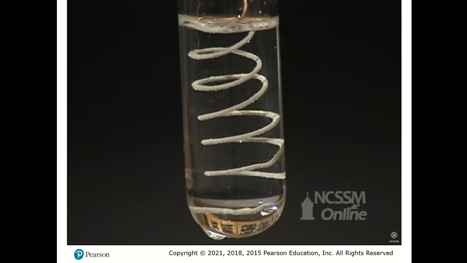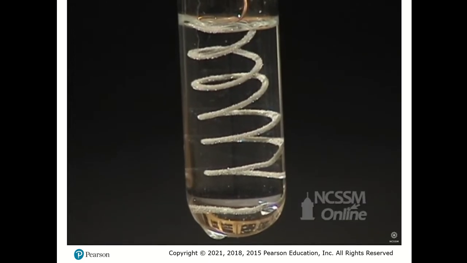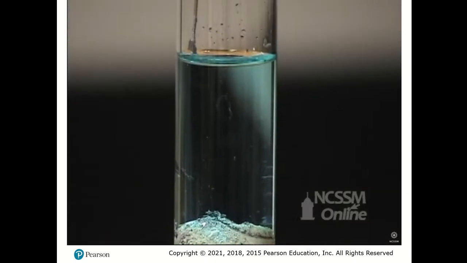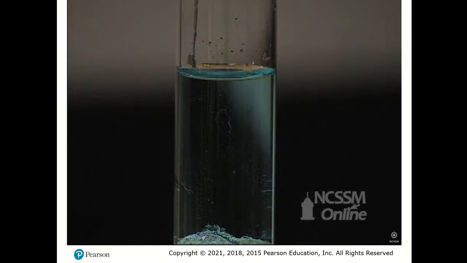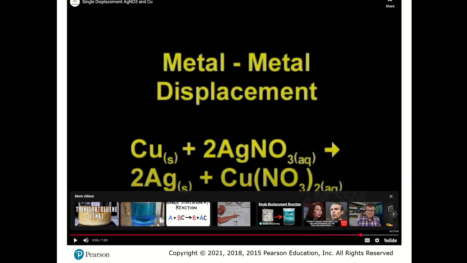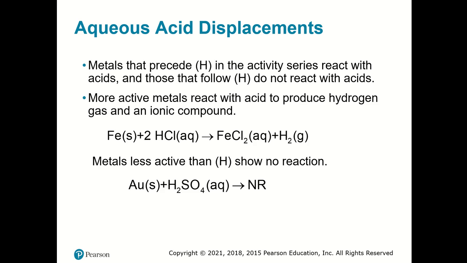The copper is a more reactive metal than the silver, and the copper metal will replace the silver ion from its solution. As the reaction occurs, silver metal will form on the copper wire. After about 30 minutes, we see that we formed a very large amount of solid silver crystals. The solution has turned blue due to the formation of the copper 2+ ions. So see how that works, beautiful to see, right?